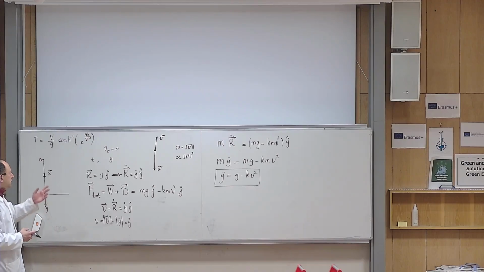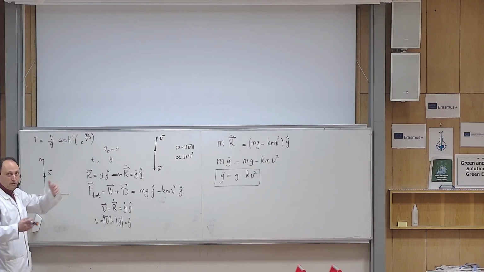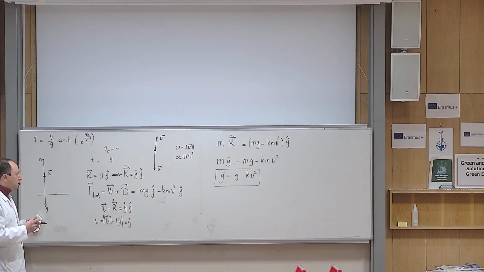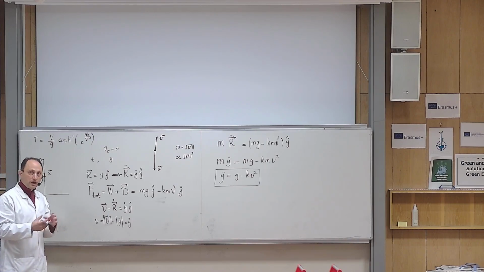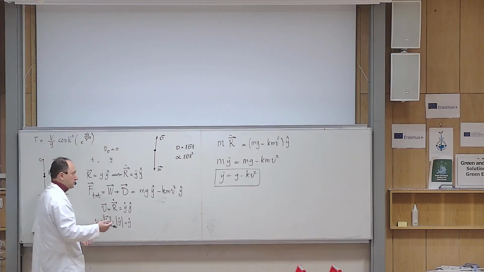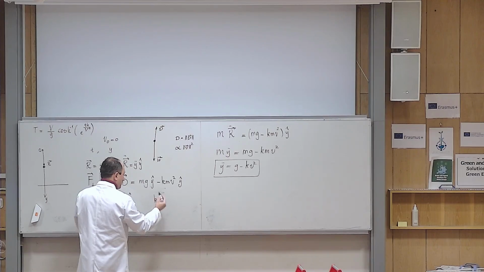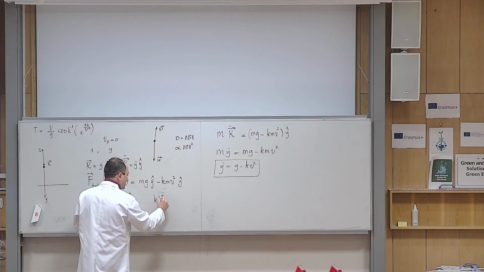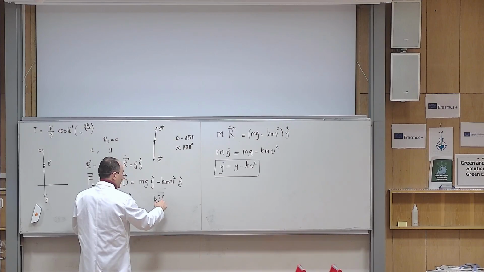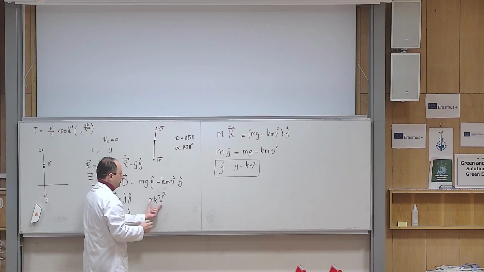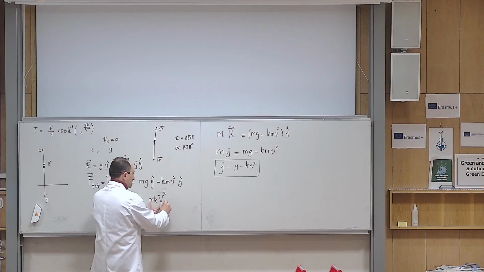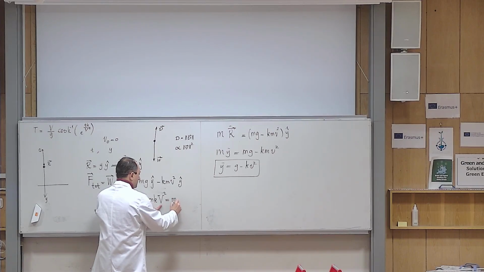So in order to find capital V, the terminal speed, I have to equate the drag force and the force of gravity. The magnitudes, okay. At the moment when the particle reaches the terminal velocity, this is the magnitude of the drag force, and it should balance out the force of gravity.